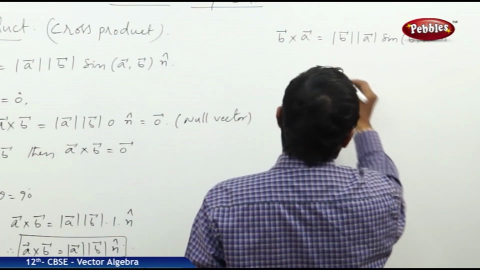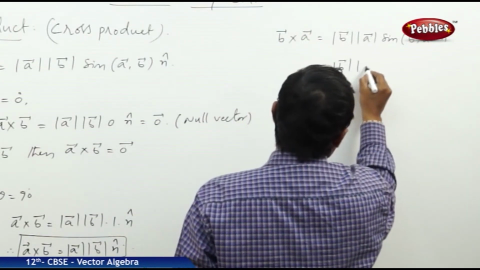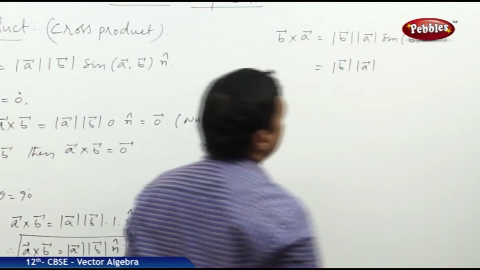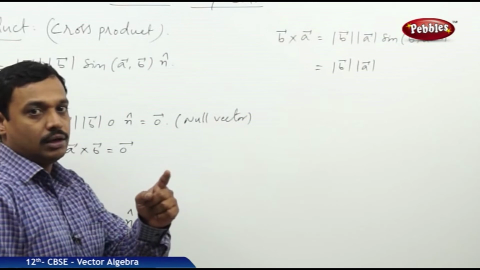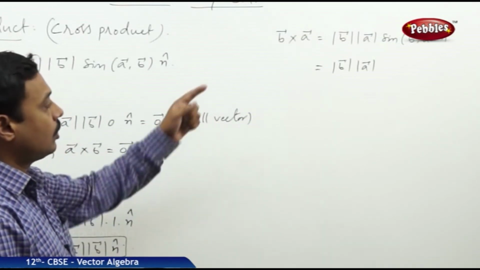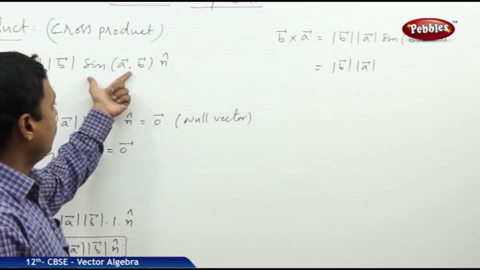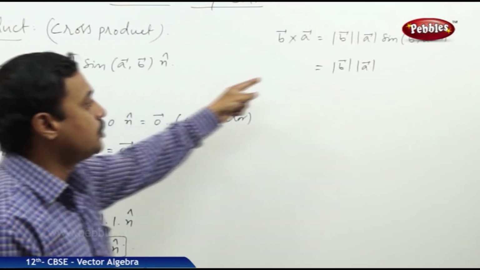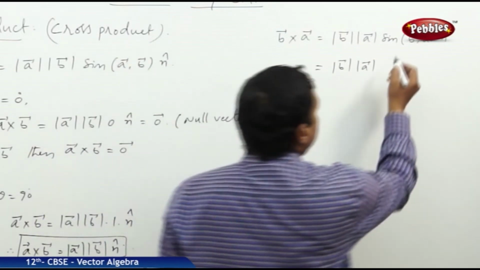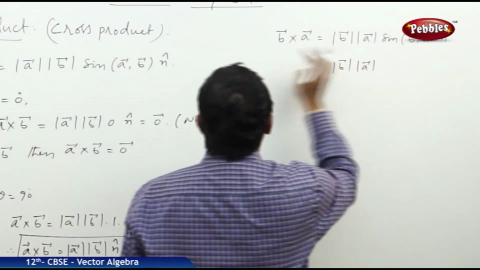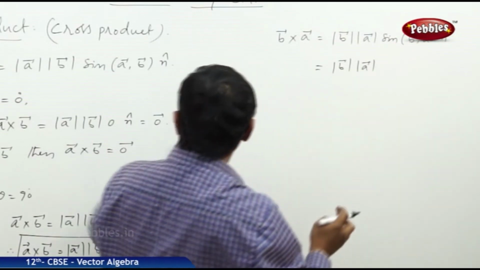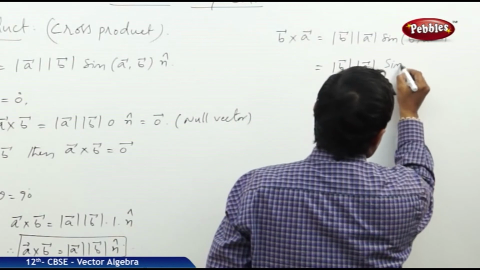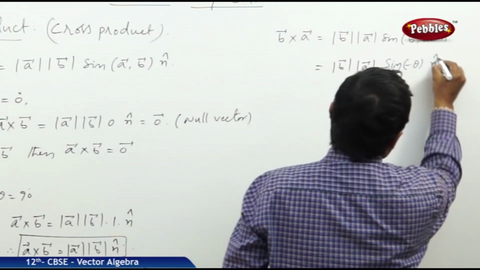The angle of rotation is opposite: A to B rotation is opposite to B to A. Hence, if it is sin theta, it will be sin of minus theta into n cap.